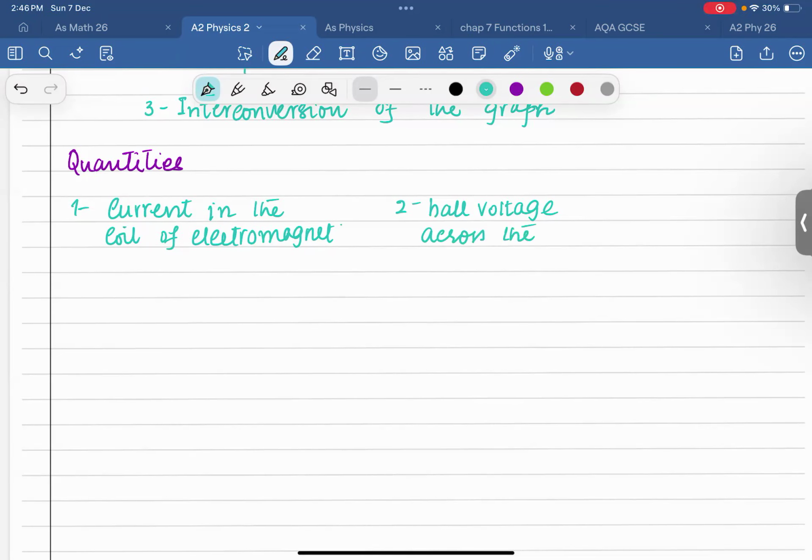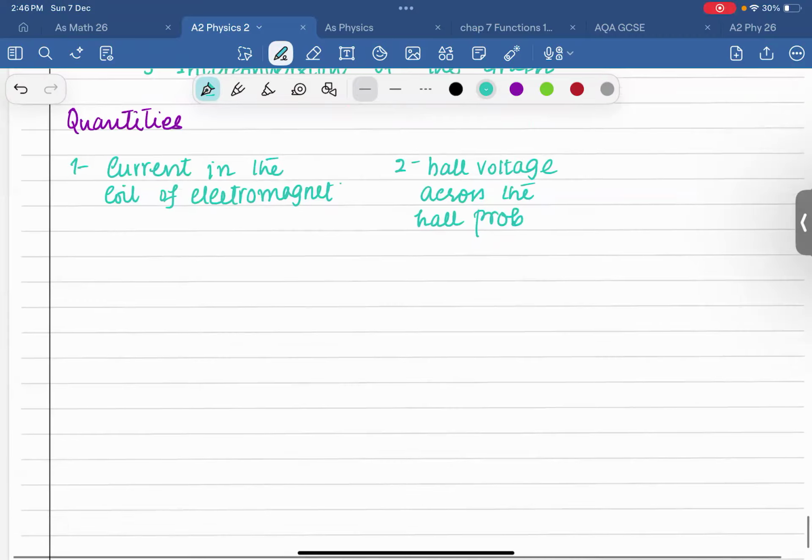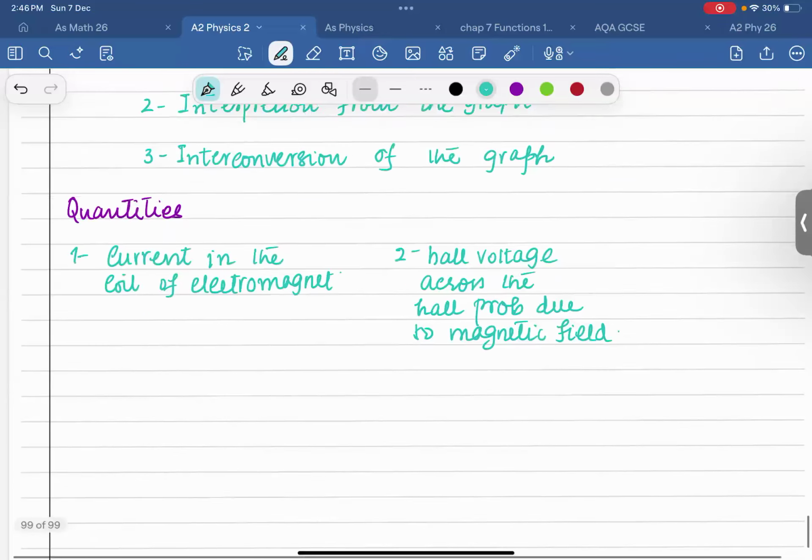Across the Hall probe due to magnetic field, right?